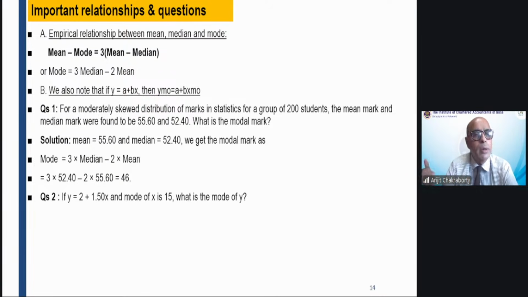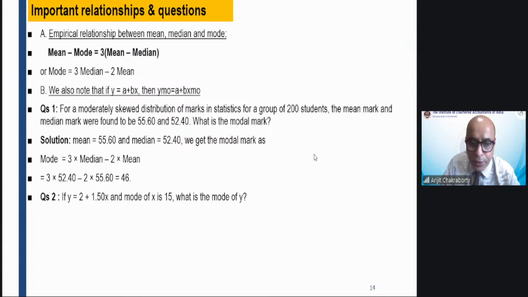Because please remember, arithmetic mean, mode and median, these three measures of central tendency, they are affected both due to a change of origin as well as a change of scale. In this equation, y equal to 2 plus 1.5x, change of origin is reflected by the number 2 and change of scale is reflected by 1.5, which is the multiplier. So therefore, we just put the value of the mode of x.